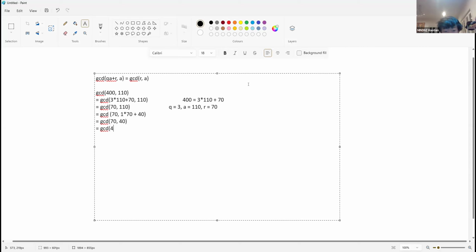And that's equal to GCD of 1 times 40 plus 30 and 40, which is equal to GCD of 30 and 40, which is equal to GCD of 30 and 1 times 30 plus 10, which is equal to GCD of 30 and 10. And that's equal to GCD of 3 times 10 plus 0 and 10. So the GCD is 10. At each step I put it into the QA plus R form, and then I use the Euclidean algorithm.